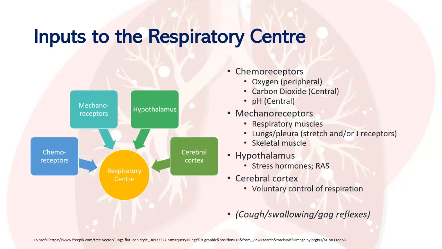And finally, the cerebral cortex allows us voluntary control of respiration, so we can actively and voluntarily increase our minute volume and respiratory rate. I just want to mention the cough, swallowing, and gag reflexes, which are not part of this lecture, but which you need to know something about for your DM Part 1 and to fully understand respiratory control.